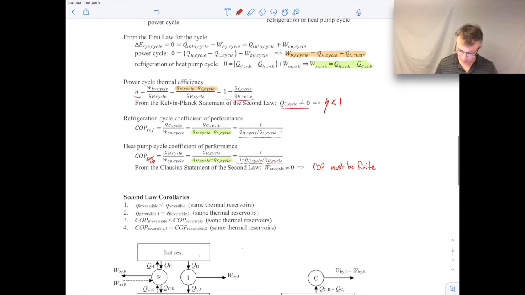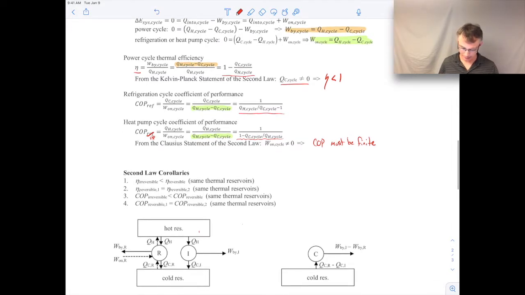Now, what we talked about so far is kind of a rehash of what we talked about in the previous lecture. The second law corollaries, we talked about these in the previous lecture as well, but I'm going to spend a little more time on them here. One corollary is that the thermal efficiency for an irreversible power cycle is going to be less than that of a reversible power cycle, if they're operating between the same thermal reservoirs.